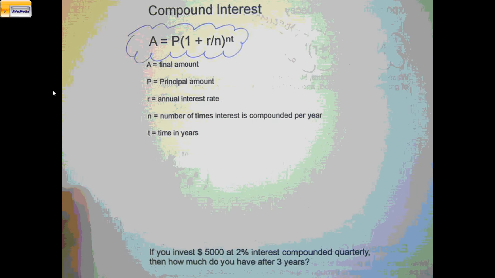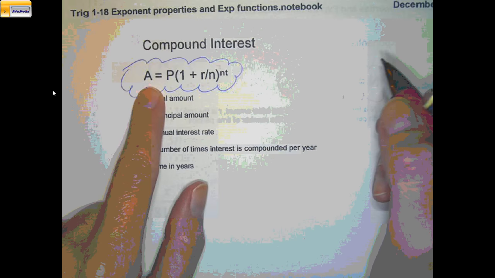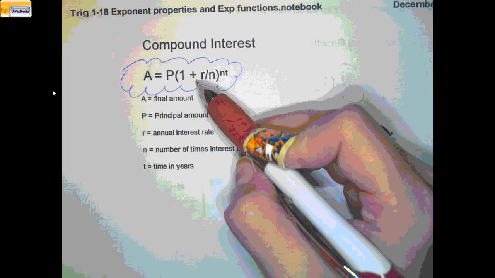This is another equation. If you don't remember it, you need to know it now. A is our final amount, typically money, equals P, which stands for principal, that's how much you put in the account, times 1 plus r over n, and we're going to be accruing interest, that's gaining interest, so these aren't typically subtraction problems.